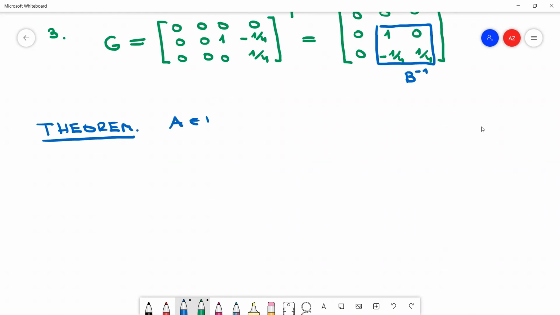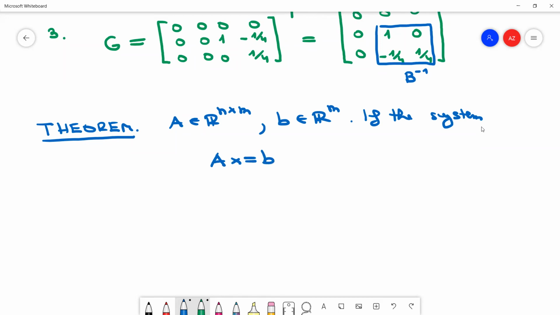A will be again an n times m matrix. b will be a vector from R to the power of m. And now we assume that the system Ax = b is solvable.